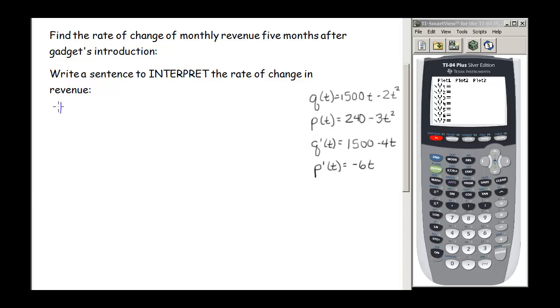So hopefully you remember that revenue always equals price times quantity. So in terms of our functions, our price function depends on time, as does our quantity function, our sales function.